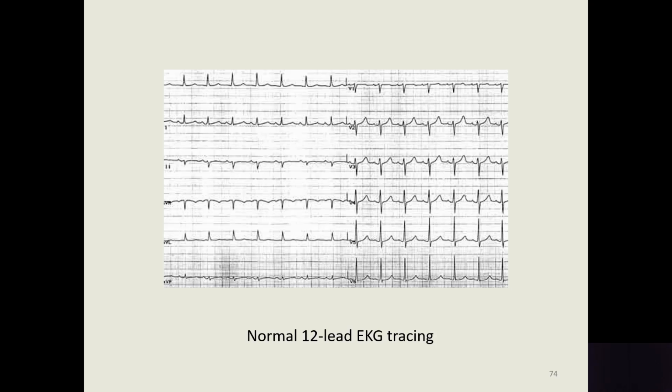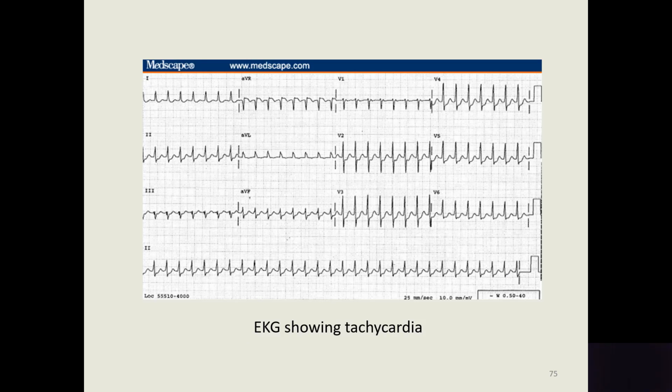So a 12-lead EKG is done to look at 12 different angles of the heart to give us a complete picture of the heart. So you can see here 1, 2, 3, 4, 5, 6, 7, 8, 9, 10, 11, 12. Here's another EKG, and you can see the waveforms are a little bit closer together. This is showing tachycardia or a fast heartbeat. And again, the 12 different leads.